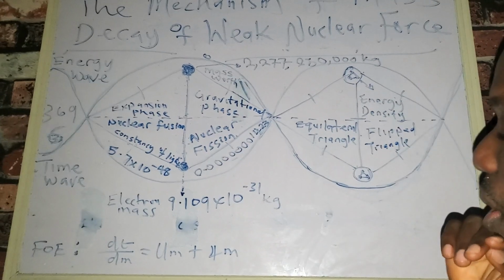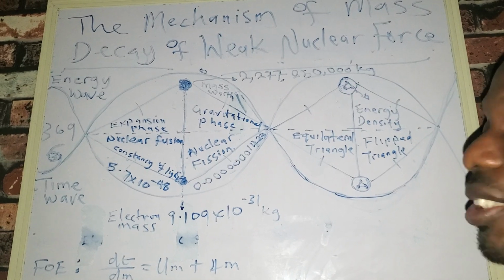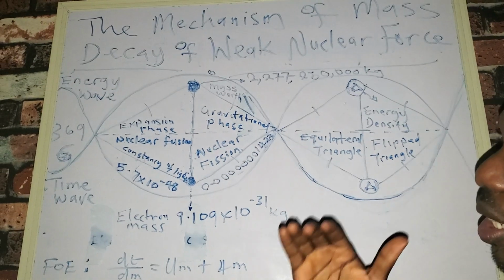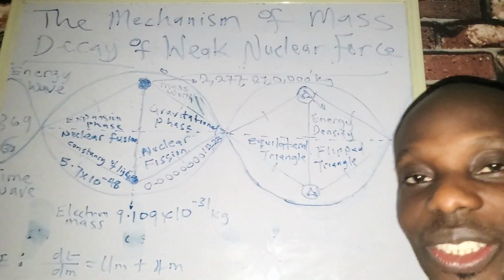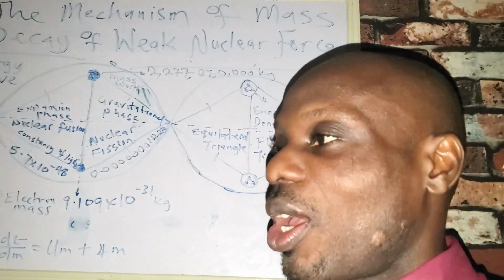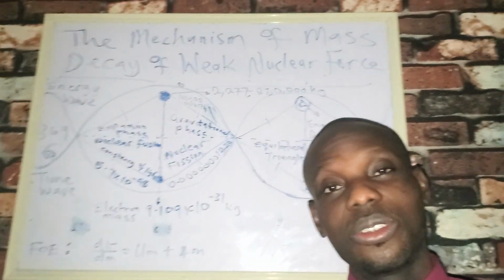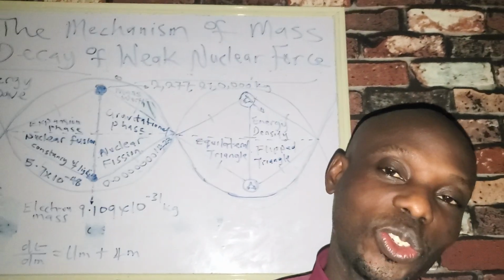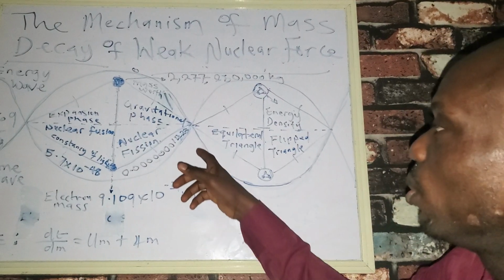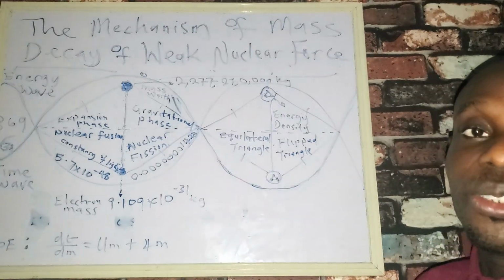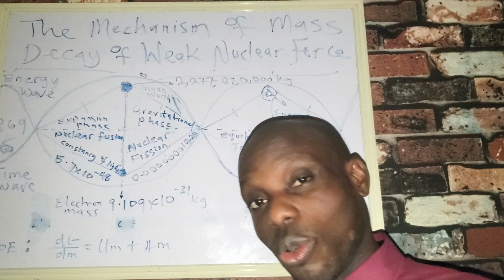But what we have right here is that the decaying of mass is synonymous with what we have at the classical realm, where we have a very huge, big sun decaying into a neutron star and later decaying into the singularity of the future phase, which is known as a black hole.